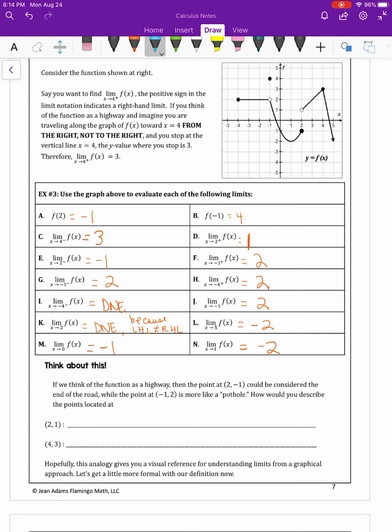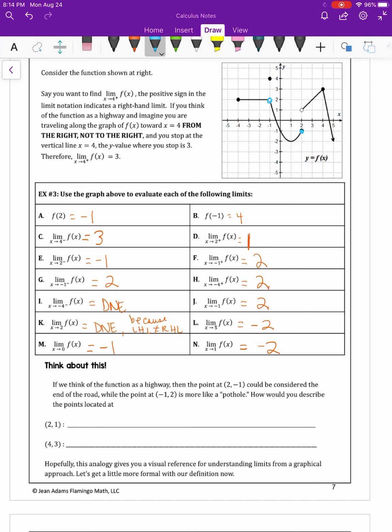So we're talking about the point 2, negative 1. They're talking about this point right here. It could be considered the end of the road, while the point negative 1, 2 is more like a pothole.